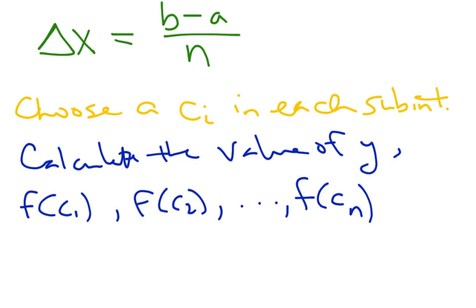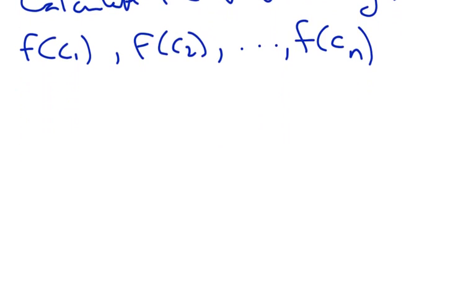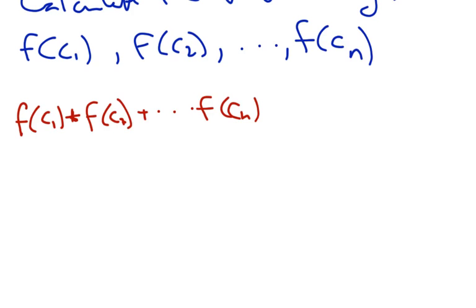Remember I said I'm going to choose a finite number of the y values. I'm going to then add them together and average them, add them together, divide by n. So I'm going to take these values here and add them together, as I said a moment ago. So f of c sub 1 plus f of c sub 2 plus ... f of c sub n, and we're going to divide by n.